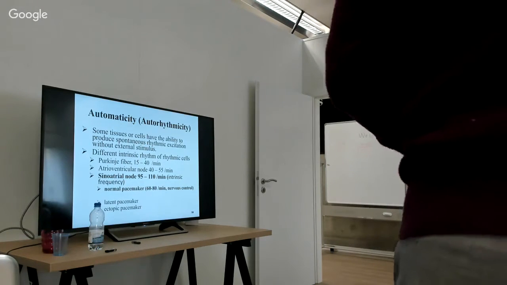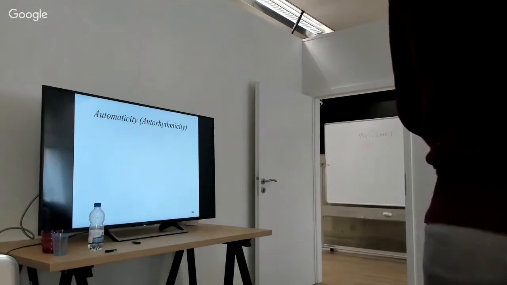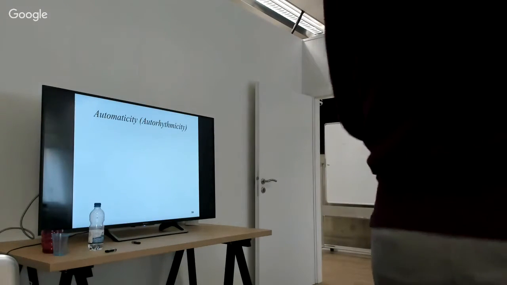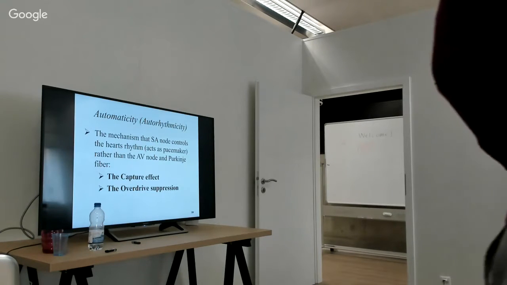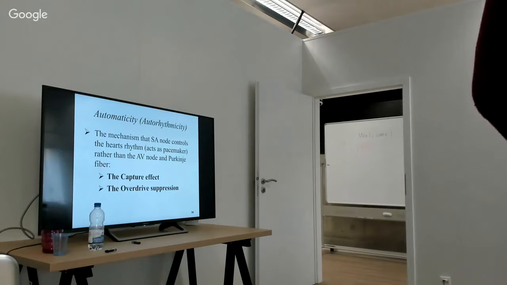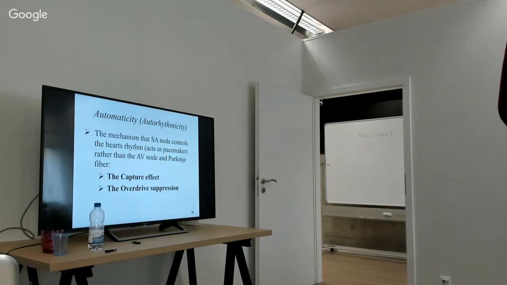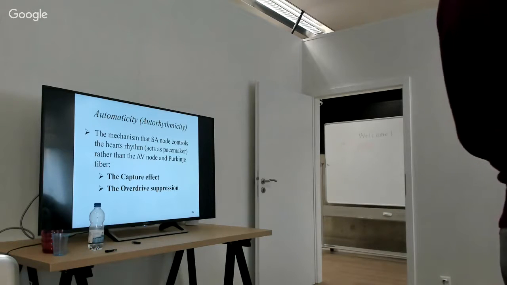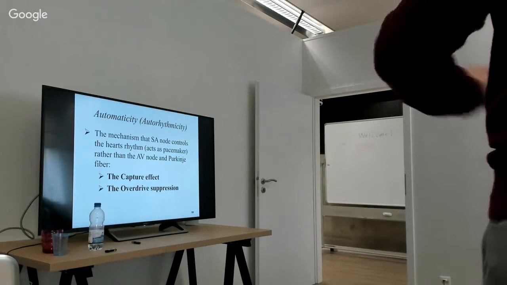You have the latent pacemakers that can be ectopic pacemakers. In some circumstances, they are quicker than the sinoatrial node and produce the extrasystole. Then we have the capture effect: the impulse goes and says depolarize now, capturing the cell and depolarizing it. There is also the overdrive suppression.